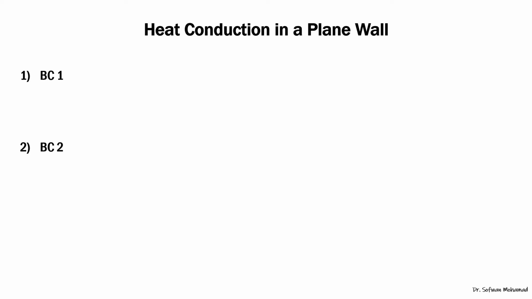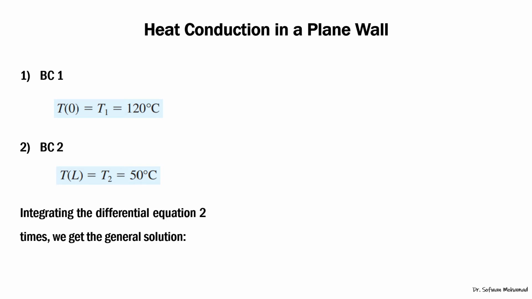From the question, we can get both boundary conditions. Boundary condition number 1 is T at point 0 equals T1 equals 120 degrees C. And boundary condition number 2, T at point L equals T2 equals 50 degrees C. Integrating the differential equation 2 times, we get the general solution for this question, which is T(x) equals C1 x plus C2.